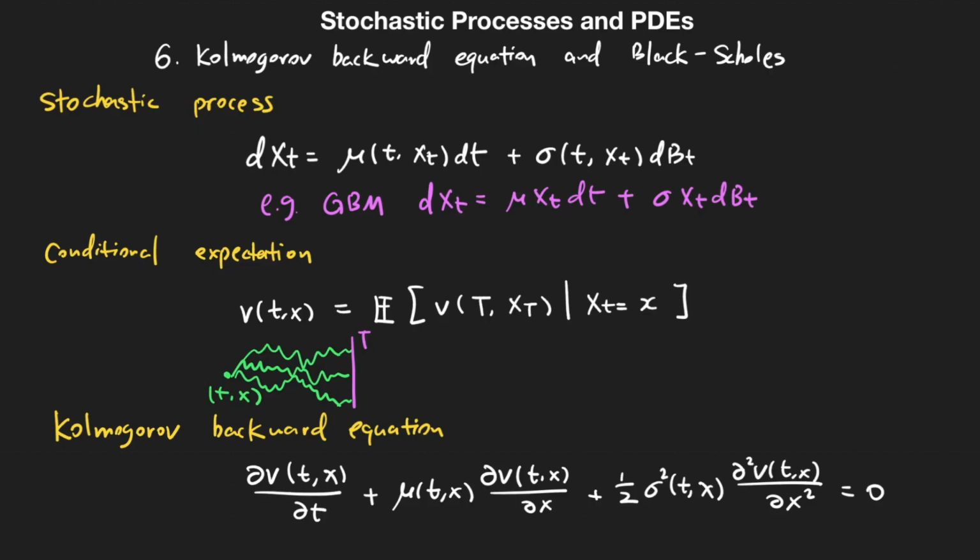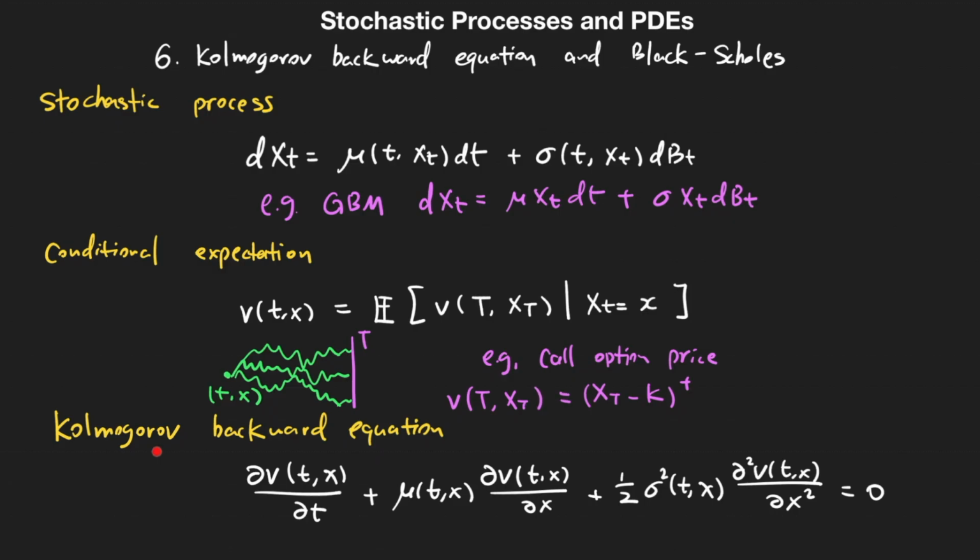For example, this function can be the call option price, and that can be written as (XT minus K) positive. So this is how we define the function at time capital T for the option price.